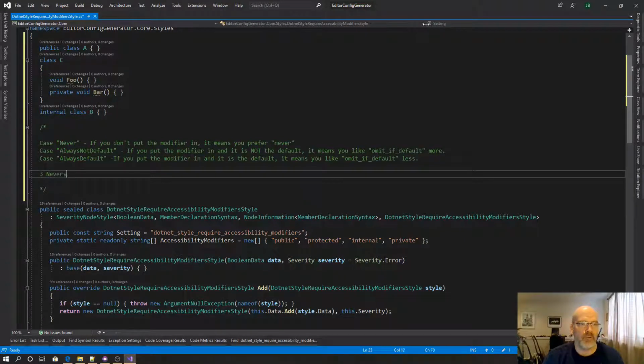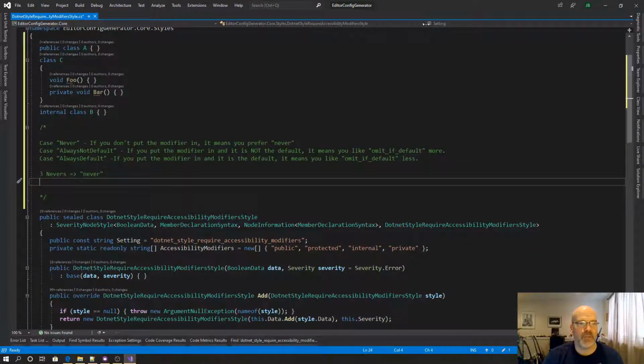3 nevers. That's all we knew. That means you want to use never. Let's say we had 3 nevers and 1 always not default.